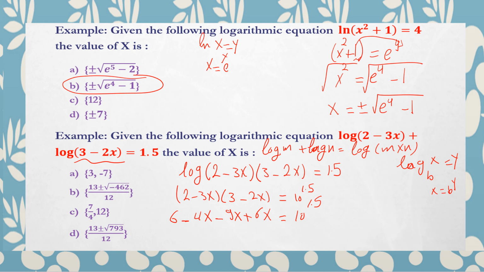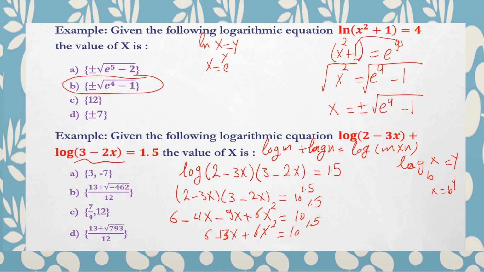And this equals 6 minus 4x minus 9x, which gives minus 13x, plus 6x squared equals 10 power 1.5.